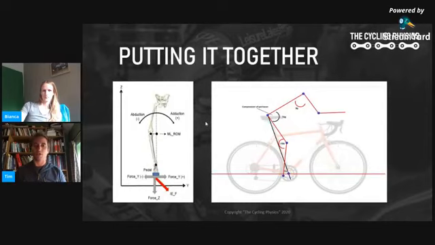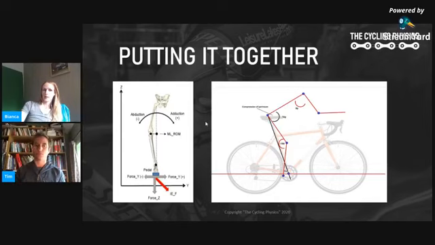It's then appreciating we don't just look at the rider side on, and we also don't just look at the rider front on. We have to appreciate how it's moving in all three dimensions of space, and what one thing might do to another. So we might move something on the saddle, but what's that going to do to the foot and the ankle, and what effect would that then have back up on the knee? In the world of bike fitting, some practitioners may only look at people from the side, but what we want to promote is looking at people in what we call the XYZ plane.